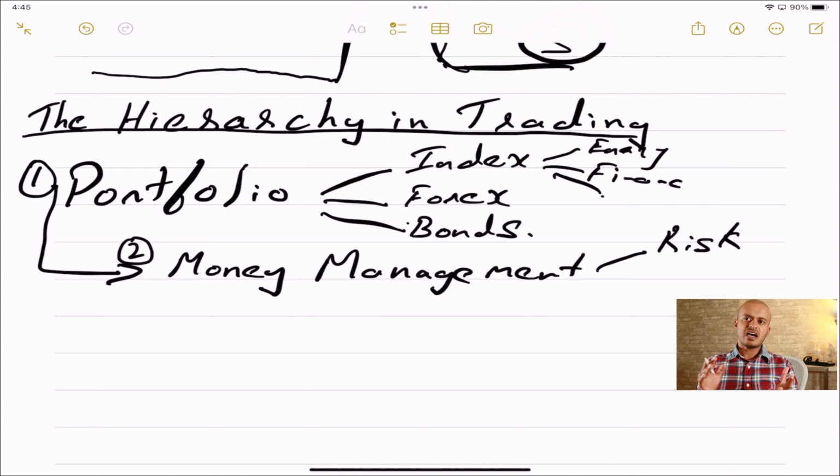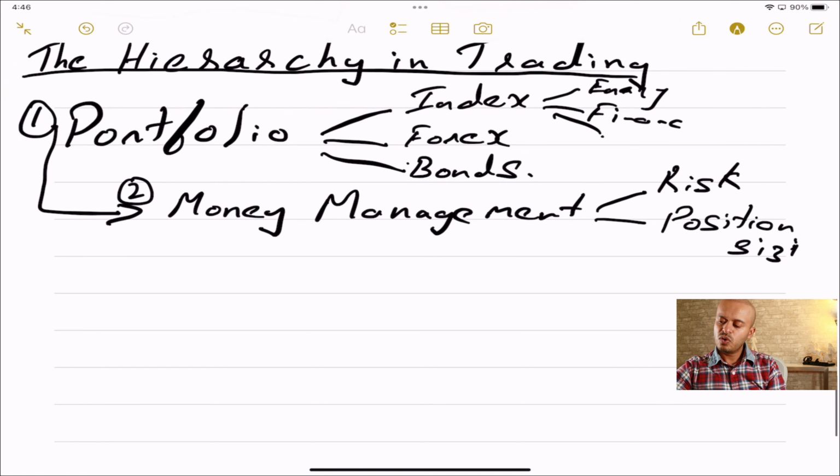And once you've deciphered what you would be risking in these sectors, another thing that goes hand in hand with this is position sizing. What I mean by position sizing is, if you decide that you would like to risk say 10% of your portfolio in Forex, what are your money management principles there?